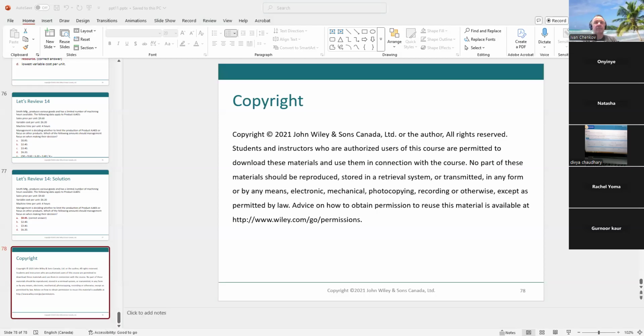Week 5, we cover the internal control chapter, which has no chapter number. And week 6, we cover cost volume profit analysis, which is chapter 10. Those are the chapters that are going to be covered.